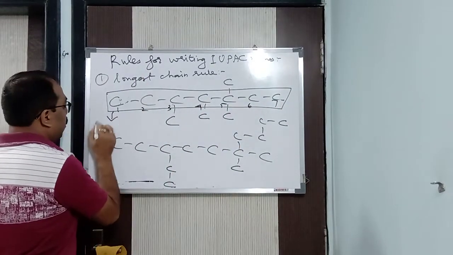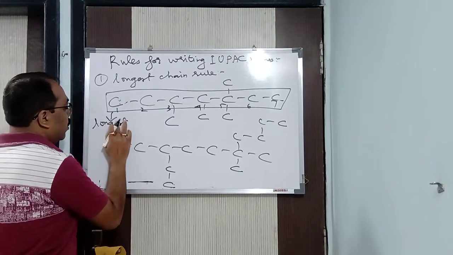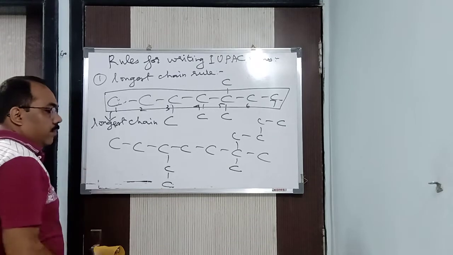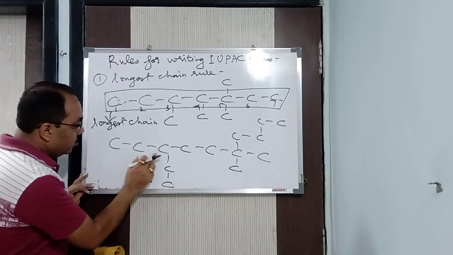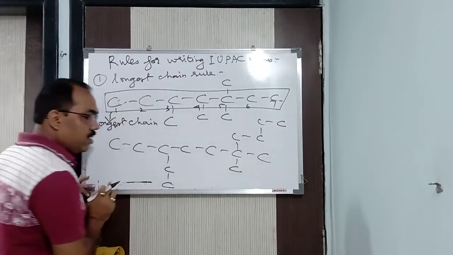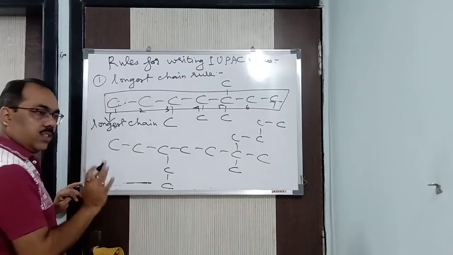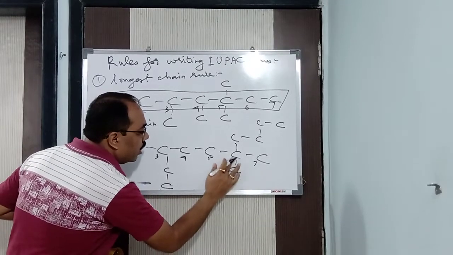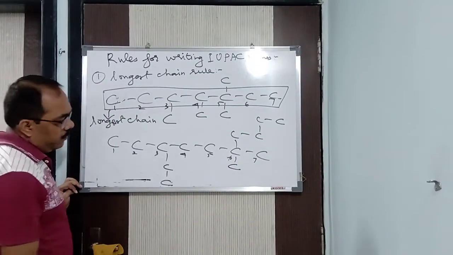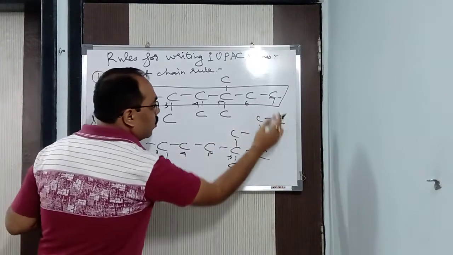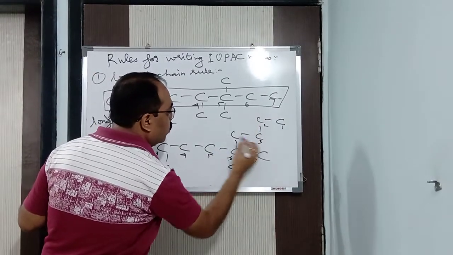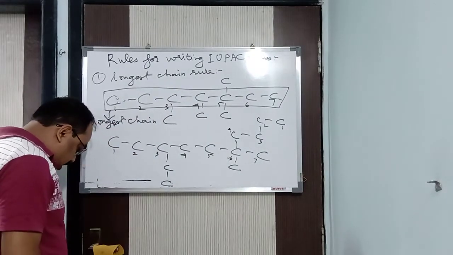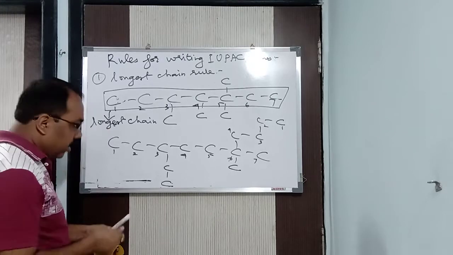So this is your longest chain. I think you got it. How many carbons are there? 7 carbon atoms in the longest chain. Now let me count this one, it may be more. Let me start from here, 1, 2, 3, 4. Let me use a different color ink.